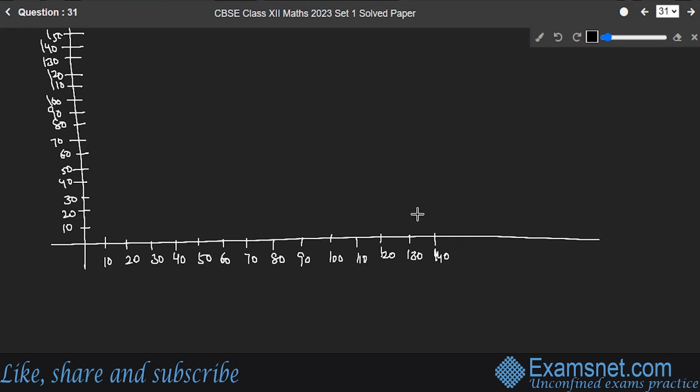Fine. So the first point was 0, comma 60. 0, comma 60 is this point. And then 120, comma 0. So this is the second point. Let's join these 2 points very carefully now.